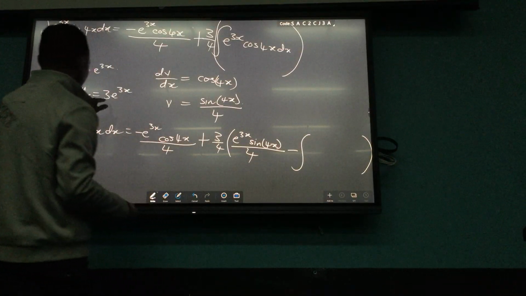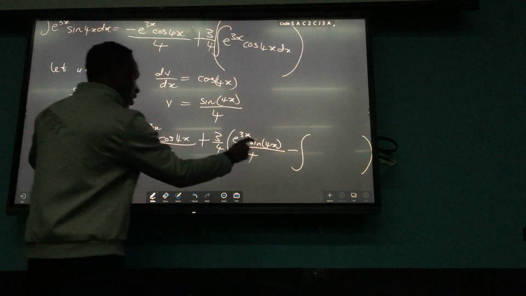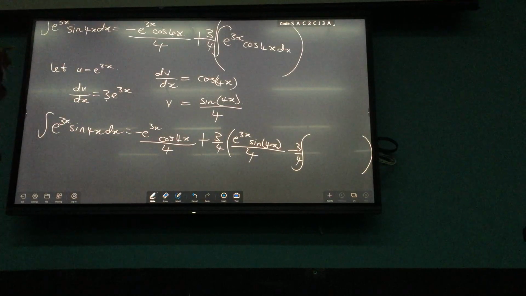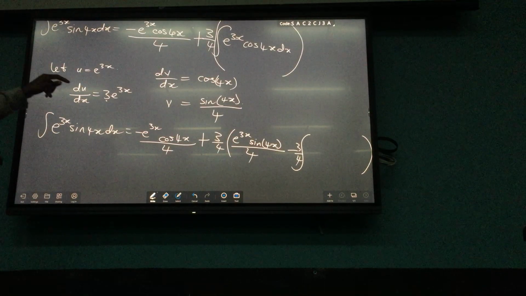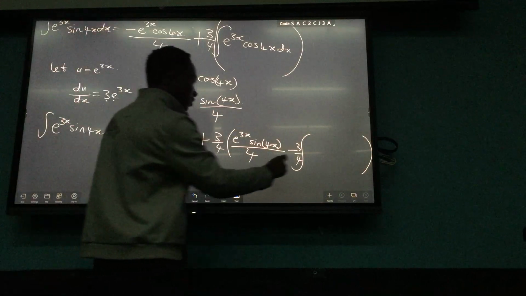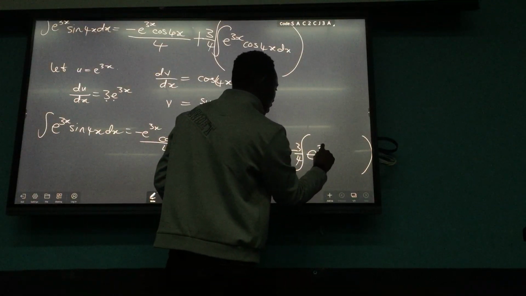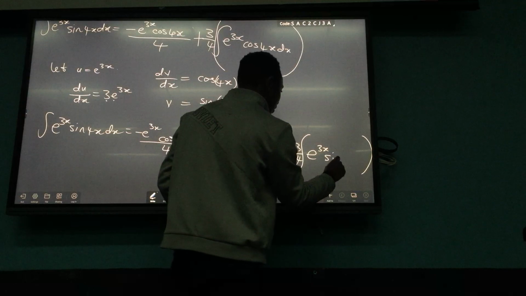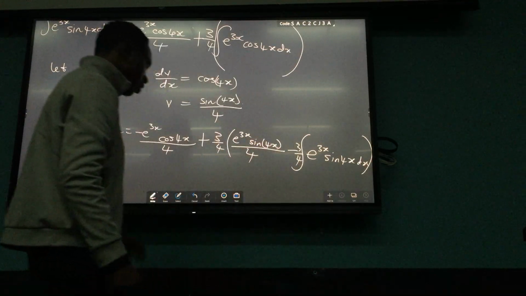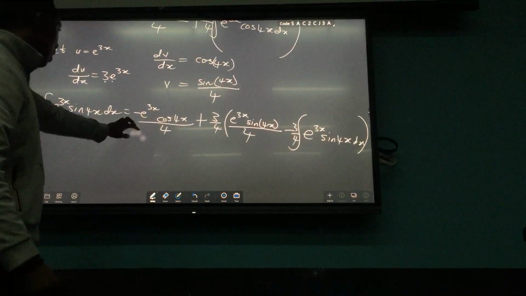So that's going to be the 3 and the 1 over 4 there, they're going to give us 3 over 4. We can put it outside. Then we also have e to the 3x and sine 4x. We're going to put them inside. e to the 3x sine 4x dx. So we're going to have something like this.